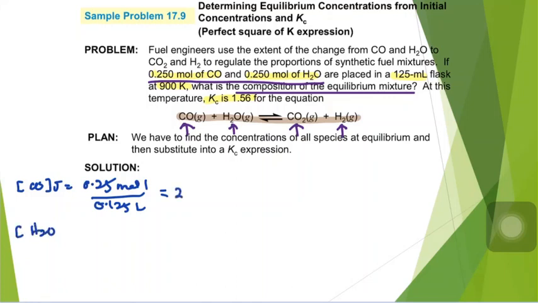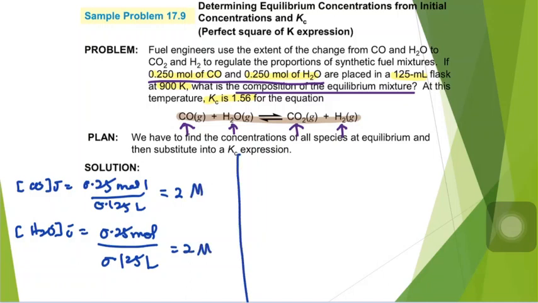And then the initial concentration of H2O is equal to 0.25 mole divided by 0.125 liter. It is equal to 2 molar as well. So let's construct our ice table.